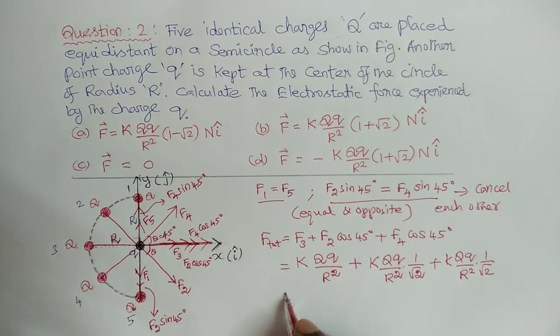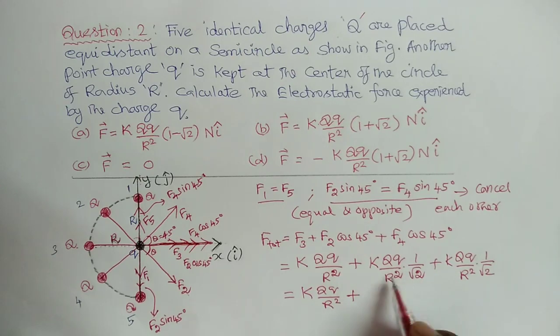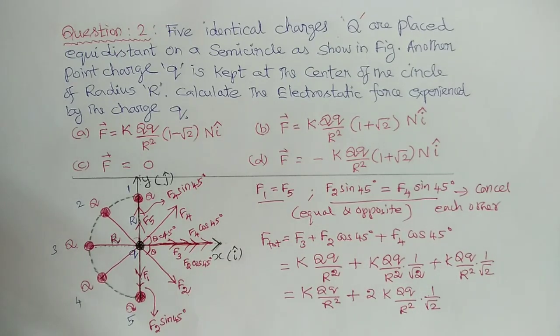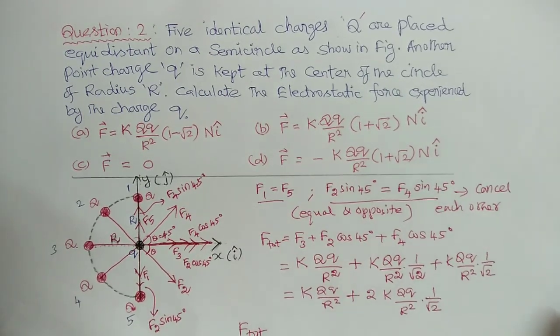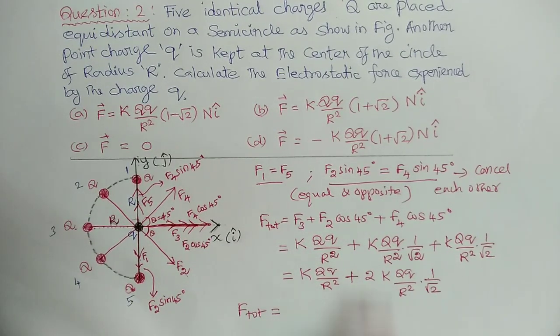Okay. So here K Q by r square plus, we'll add these two values, both are equal terms, so 2 times K Q by r square into 1 by root 2. Okay, so F total is equal to, so what are the common terms?